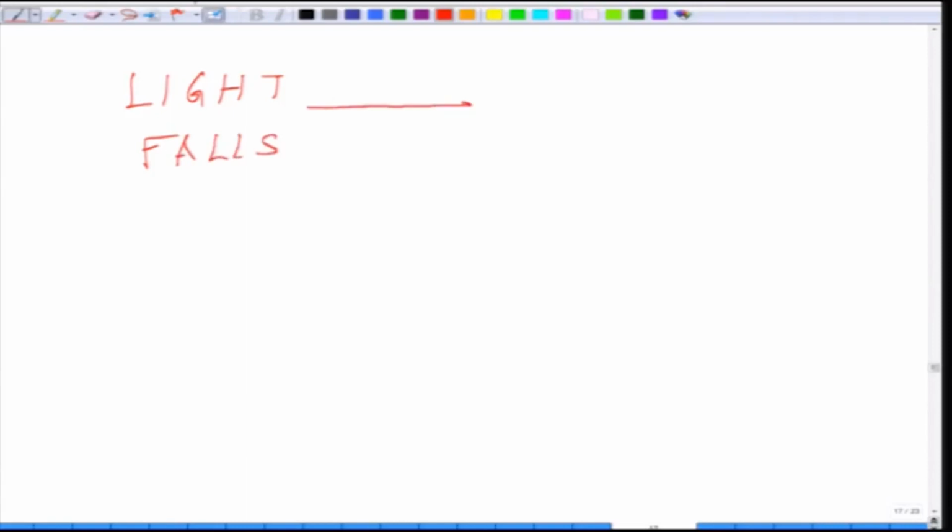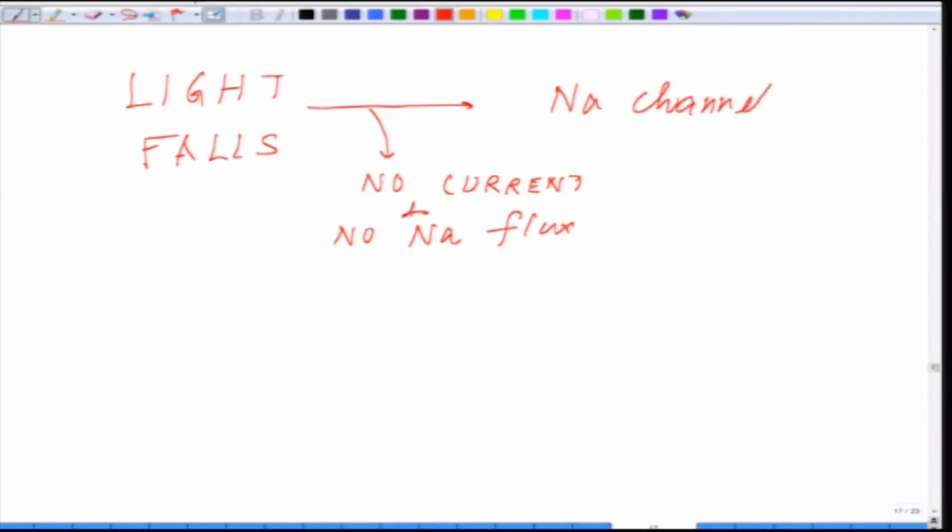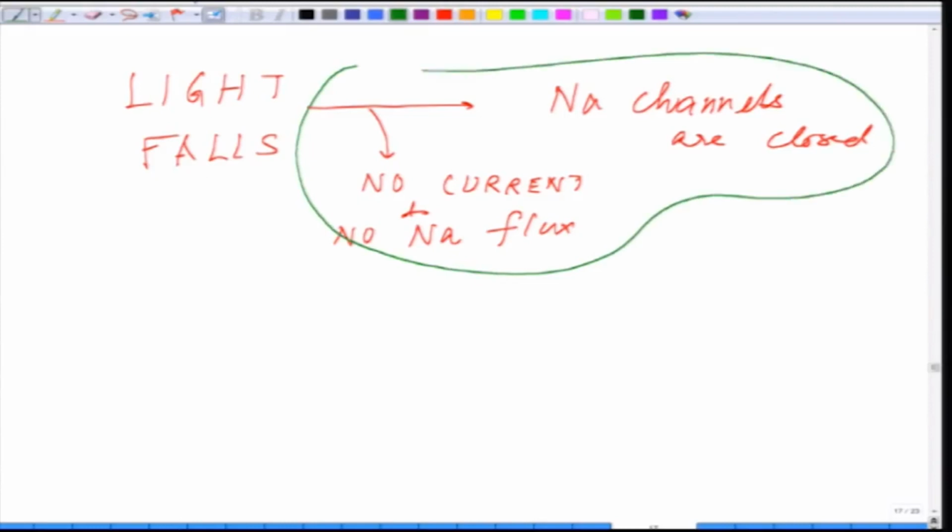What you essentially see is no current and no sodium flux. So, it means sodium channels are closed. So, what is happening at the molecular level during this whole thing?